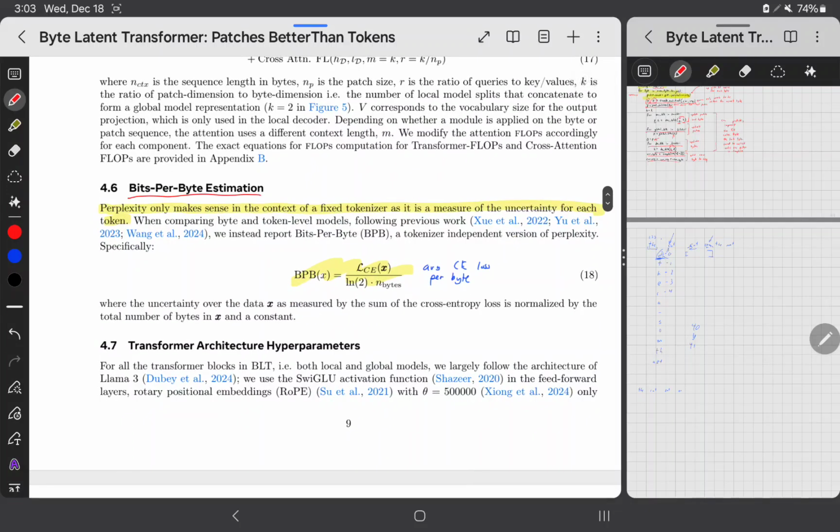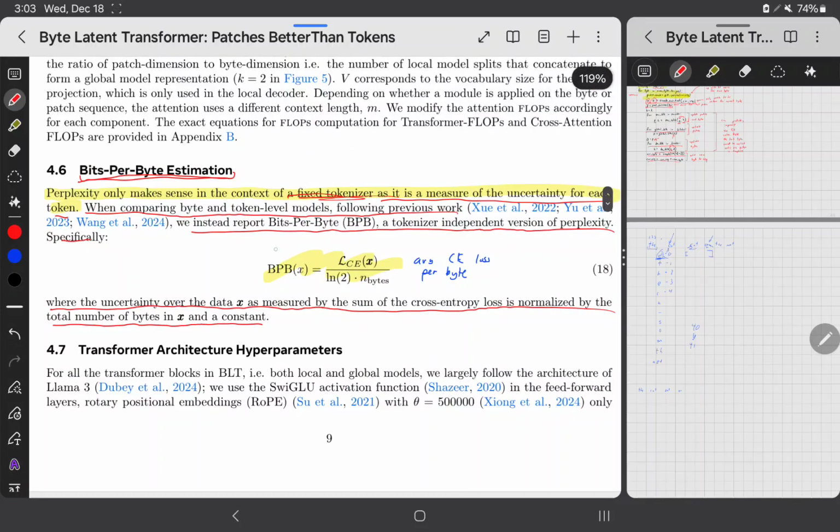So rather than looking at negative log likelihood, they look at bits per byte, because negative log likelihood only makes sense, they say, with a fixed tokenizer, as it's a measure of the uncertainty for each token. When comparing byte and token level models following previous work, we instead report bits per byte, a tokenizer independent version of perplexity. Where the uncertainty over the data X, as measured by the sum of the cross entropy loss, is normalized by the total number of bytes in X and a constant.